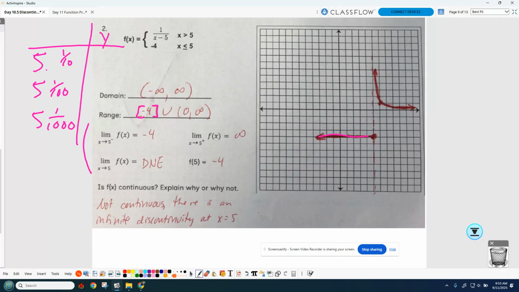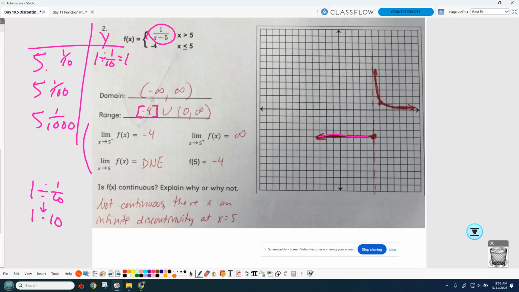If I plug that in to here, 5 and 1/10 minus 5 is 1/10. What is 1 divided by 1/10? Dividing by a fraction is multiplying by the thing flipped.